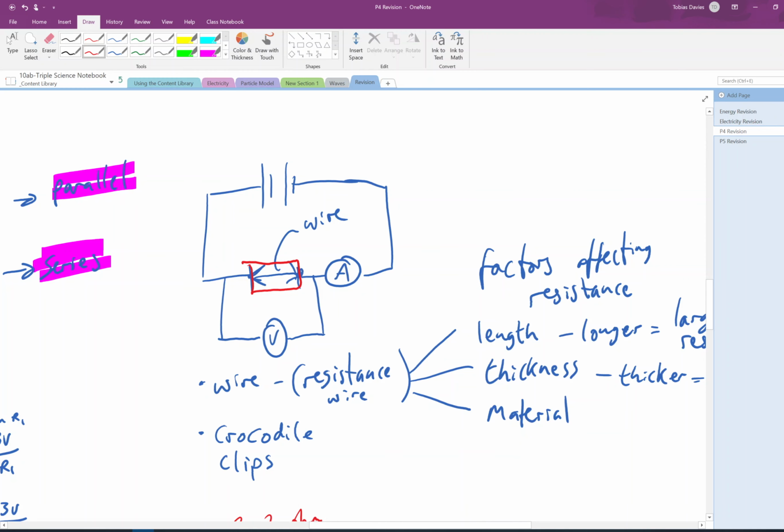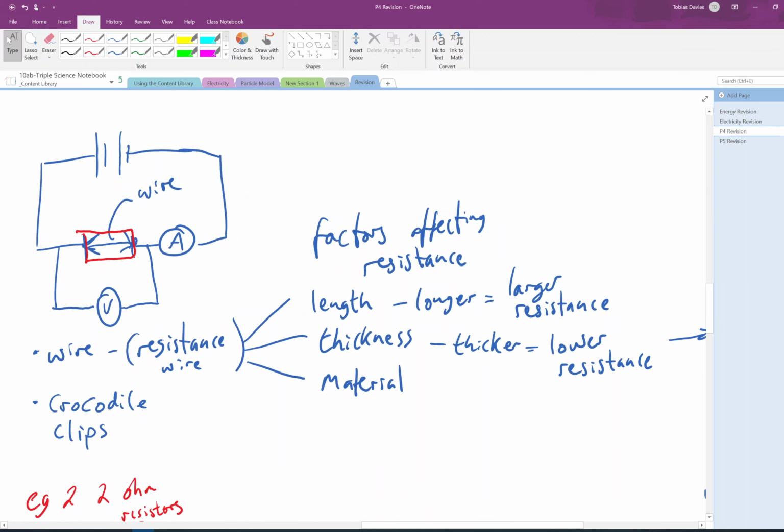The factors that will affect its resistance are its length. If it's longer, the current has to go further, which is harder, which means there's more resistance. A thicker wire will have a lower resistance because the electrons can all spread out and go nice and slowly through the wire, which requires less energy on their part, so lower resistance.